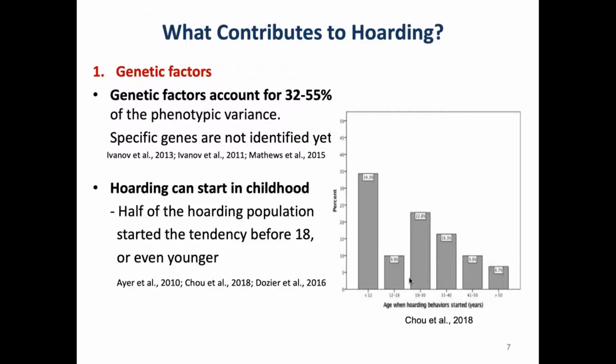That means that about half of these individuals started to show hoarding behavior since they were a child. Of course, at this age, it's really hard to diagnose someone with hoarding disorder, because most of these kids live with their parents, and a lot of the things they collect may not be freely controlled by themselves. There will be some intervention by their parents.